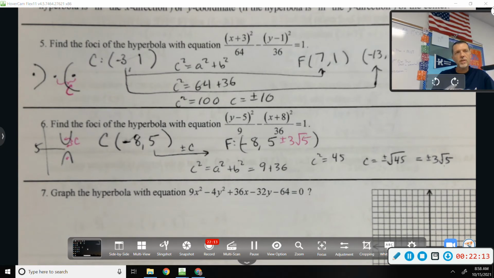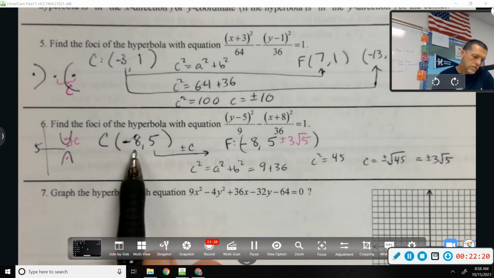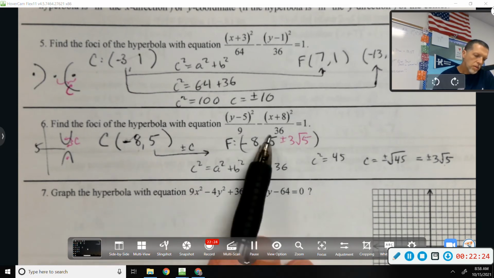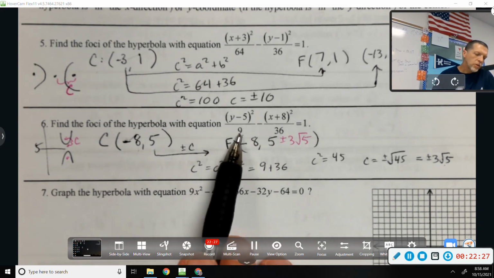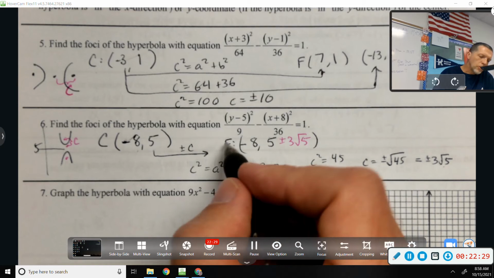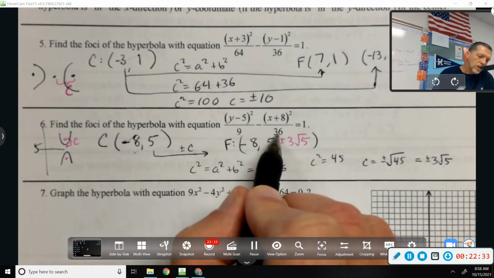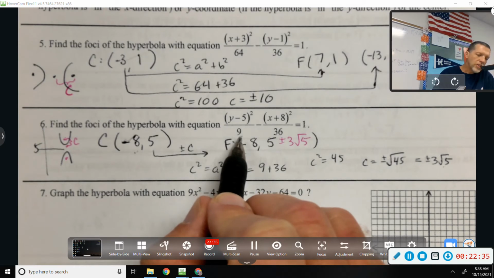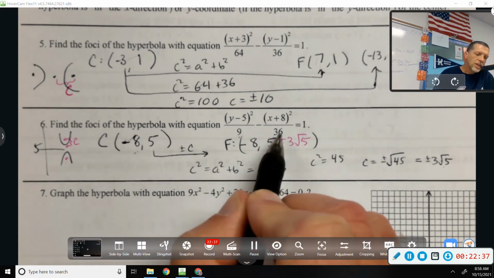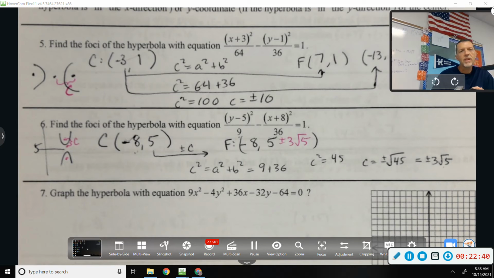I just needed to go up and down 3 root 5 some more to get to the foci. So what did the 11 and -1 do? Well, if you were graphing the whole thing, you'd go up and down 3, left and right 6. Then the box, then the asymptotes, then the hyperbola, but you don't need to do all of that if all it asks for is the foci.